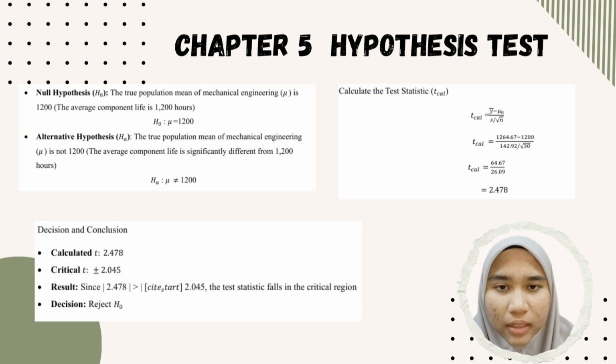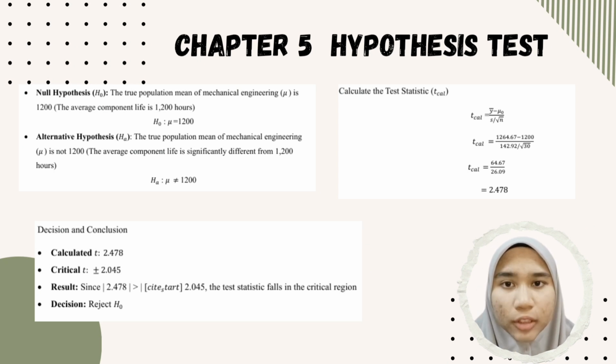After plugging these values into the formula, we obtain a calculated t-value of 2.478. To decide, we compare our calculated t-value with the critical t-value. The critical t-value for a significance level alpha of 0.05 is plus or minus 2.045.